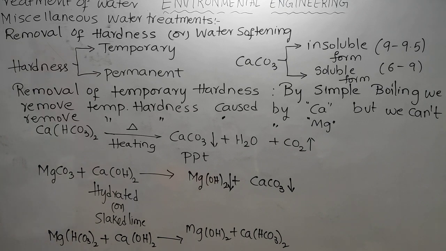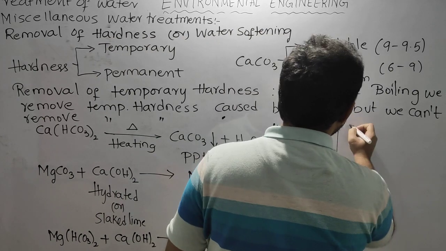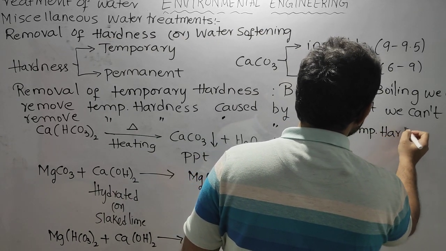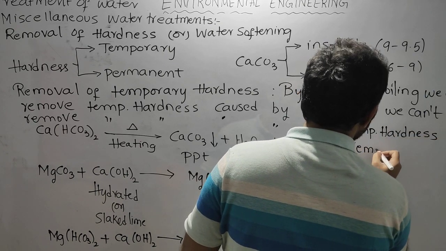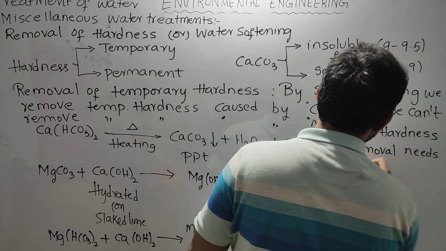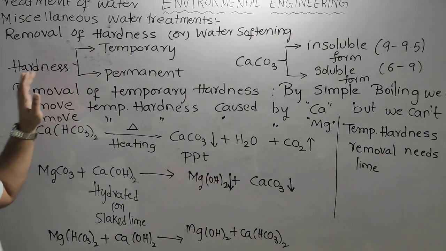To remove the temporary hardness, simple lime is enough. Temporary hardness removal needs lime. Now this is done, and we have learned how to remove the temporary hardness.